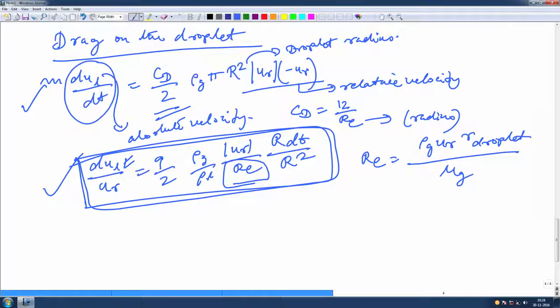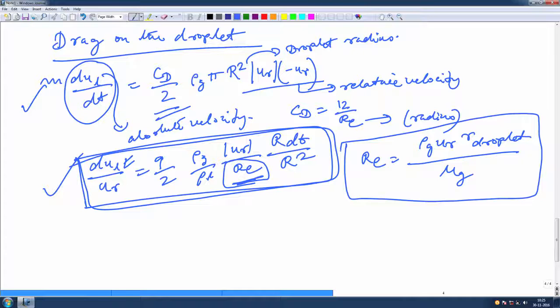Even with evaporation, RE does not reduce by that much, and the equilibration of the velocity happens very fast, the droplet gets entrained into the flow field very fast. So, the velocity deficit reduces pretty fast. This is the expression for the Reynolds number that we are going to use for the gas phase.